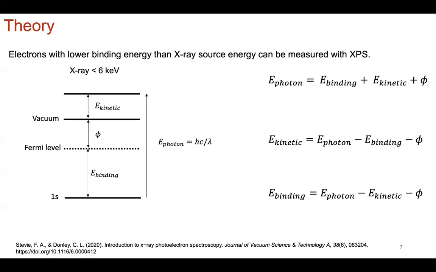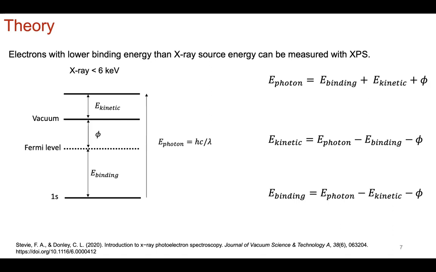Typically, if you're at 1000 eV for the various elements you have, there's going to be some leftover kinetic energy, right? This ejected electron now has some excess energy, and thus it can go into the vacuum. It overcomes this work function that's defined as the energy between the Fermi level of the material and the vacuum level.